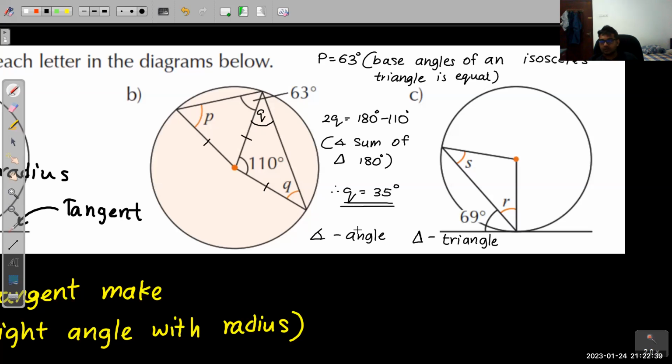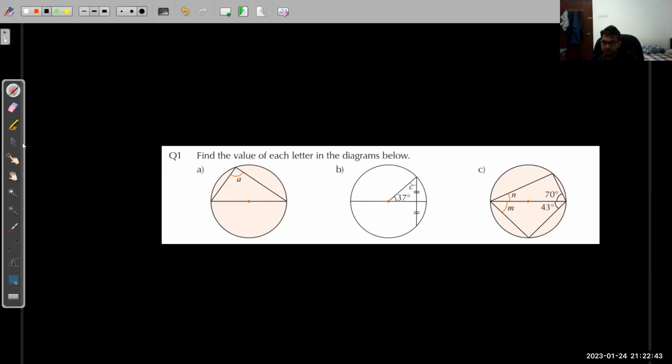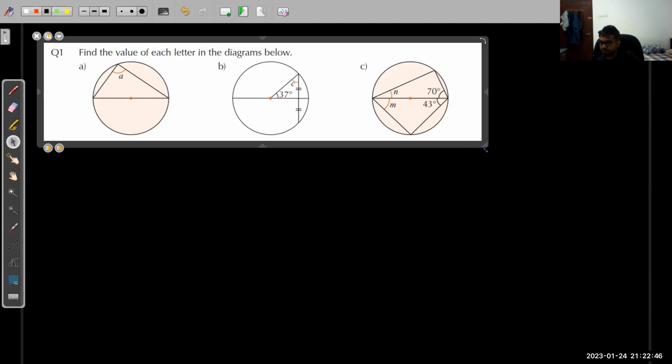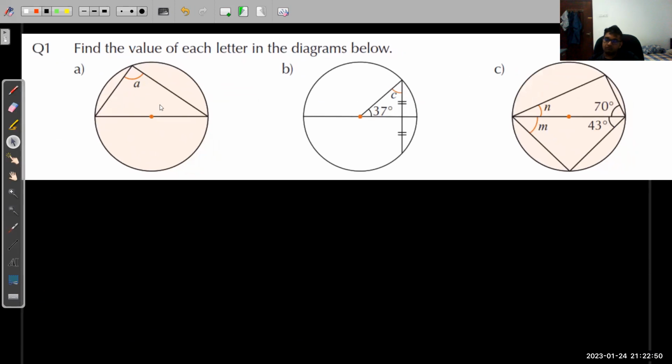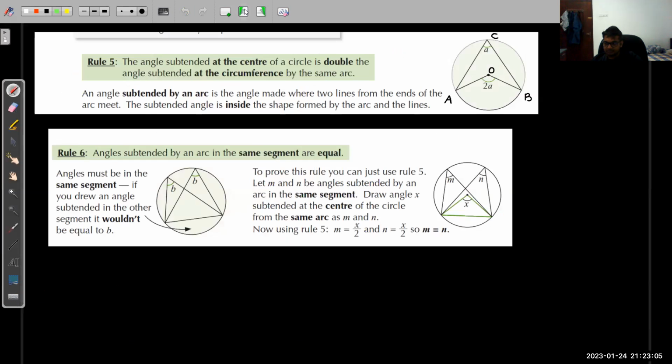Good. A few more questions from another theorem. What do you think? What is the value of A? Hold on.